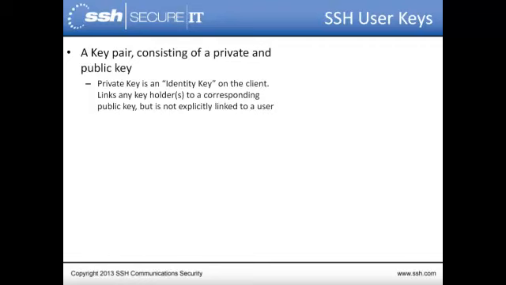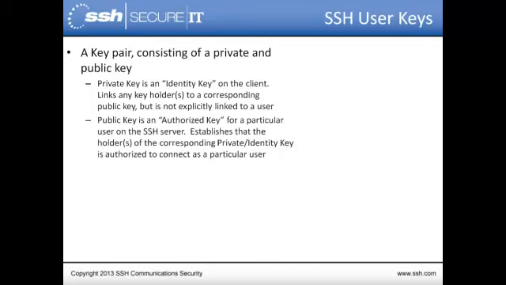So a user key consists of a key pair, which consists of a private and a public key. Now the private key is an identity key on the client, and it links the holder of that key to a corresponding public key, but it does not have an explicit link to a user. And we'll hear more about this in a couple of minutes.